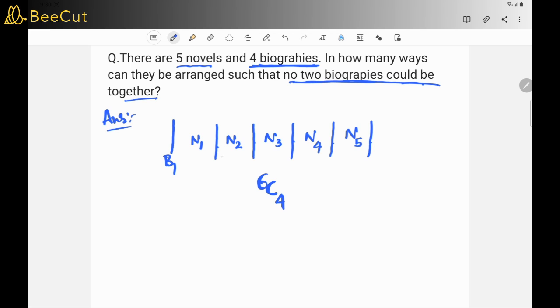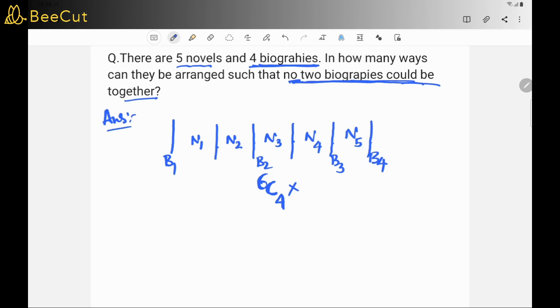For example, say biography 1, biography 2, biography 3 in this one, biography 4 here. Now by doing this, we are satisfying the condition that is given in the question. The condition is that no two biographies could be together. So here there won't be any possibility of them being together.